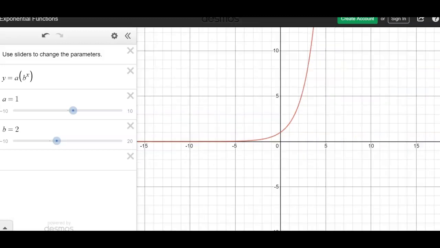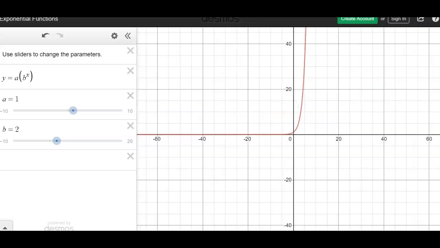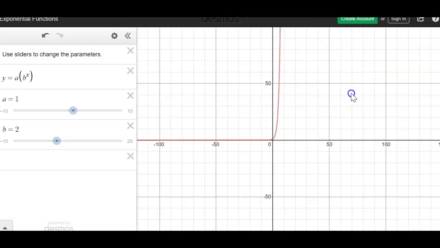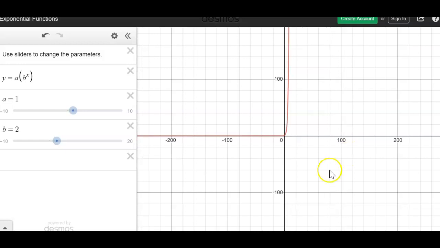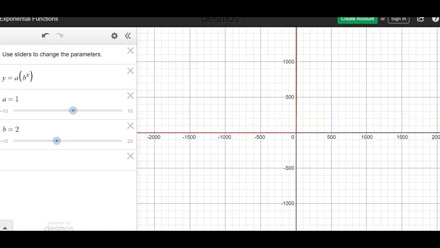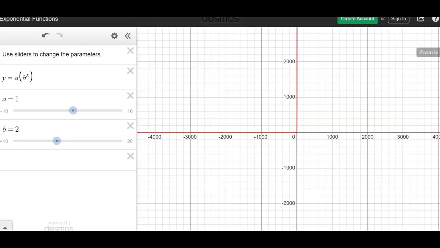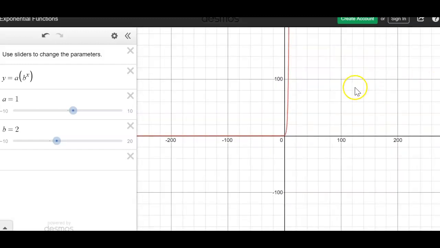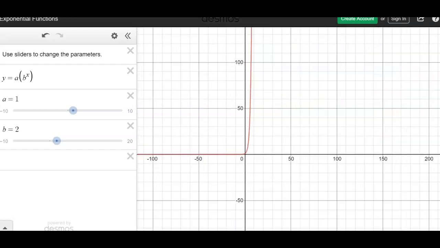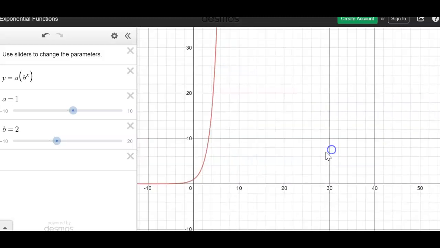If I zoom out a bit, we can see even how quickly it grows. Look at that enormous level of growth once you get into larger numbers of x. Once you get to like x equals 100, you're hardly going to be able to zoom out enough to even see how large that value is going to be on the y-axis. That's just how fast these things grow, okay?